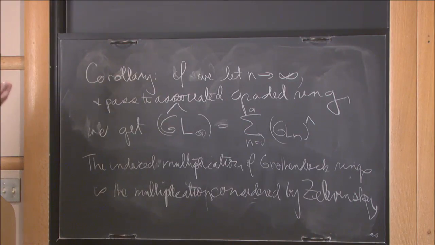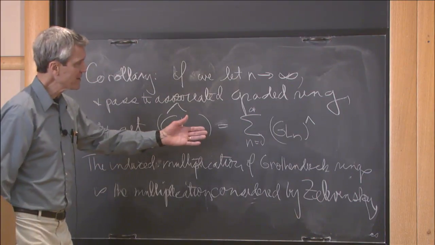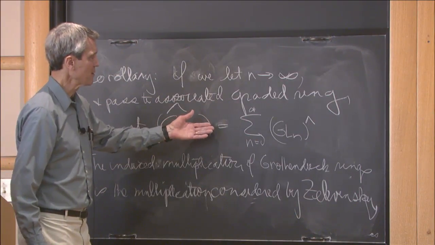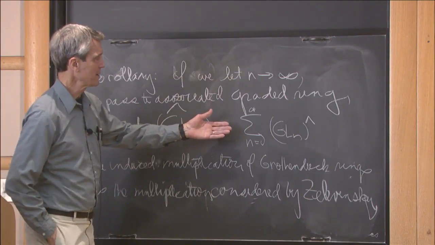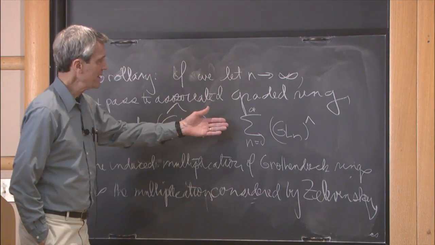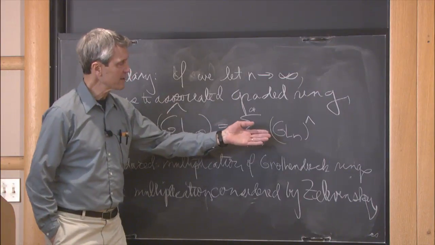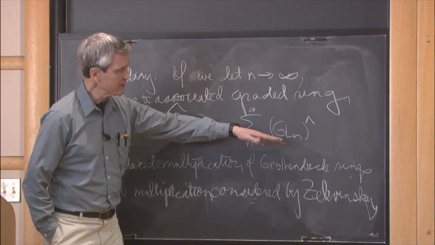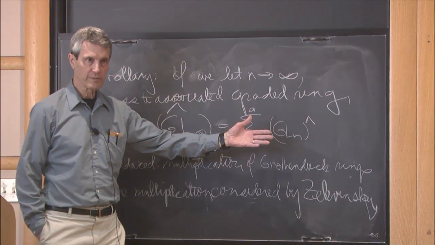I don't have the reference written down, but anyway, Zelevinsky, quite a long time ago, I think in the early 80s, considered first the direct sum of all the Grothendieck rings of all the symmetric groups.